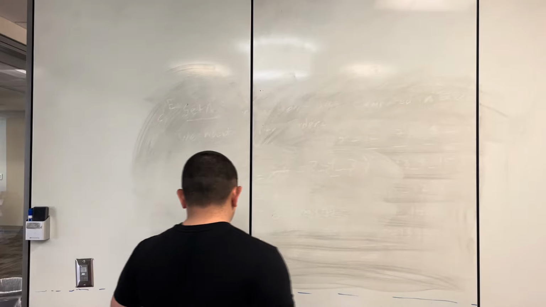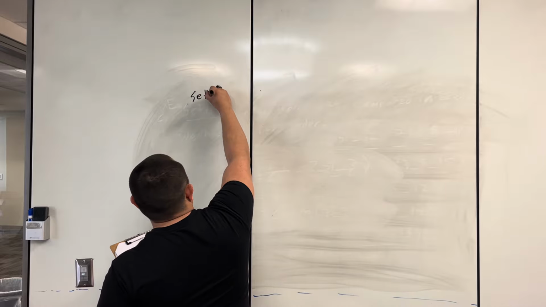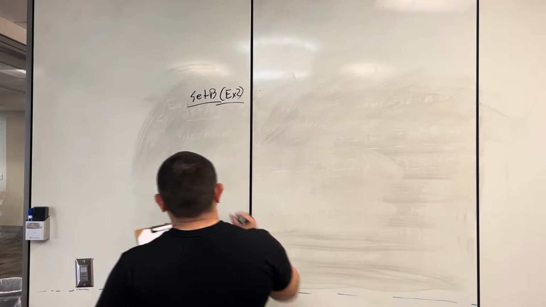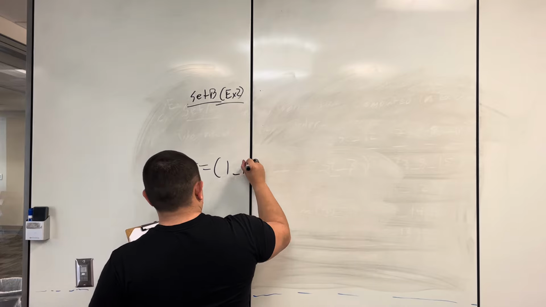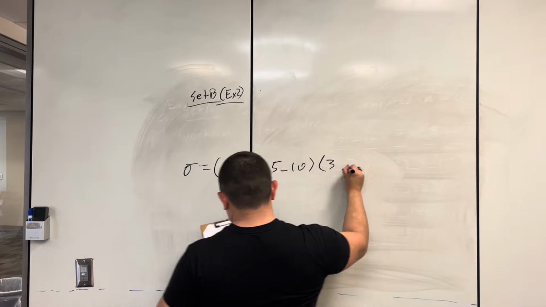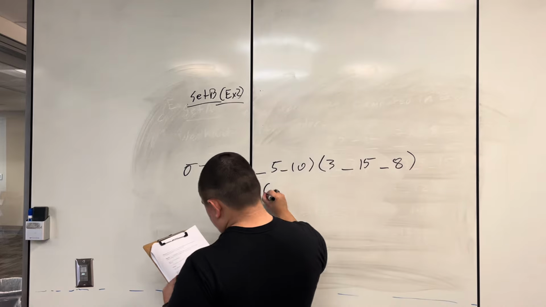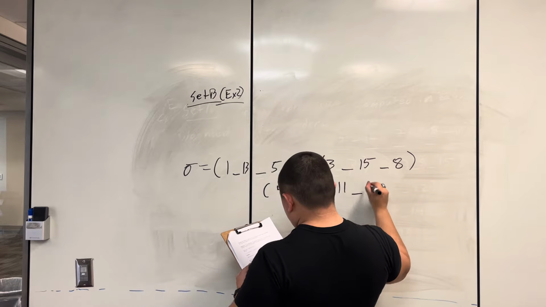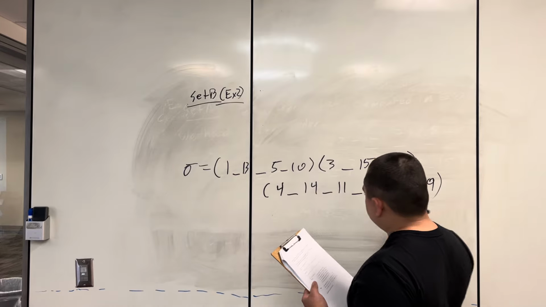So for set B, let's go ahead and put set B up here. This is for exercise 2. For sigma, we had (1 13 5 10)(3 15 8)(4 14 11 7 12 9).